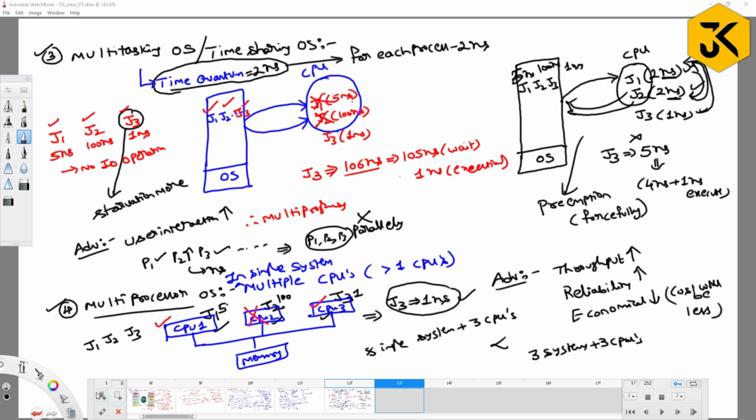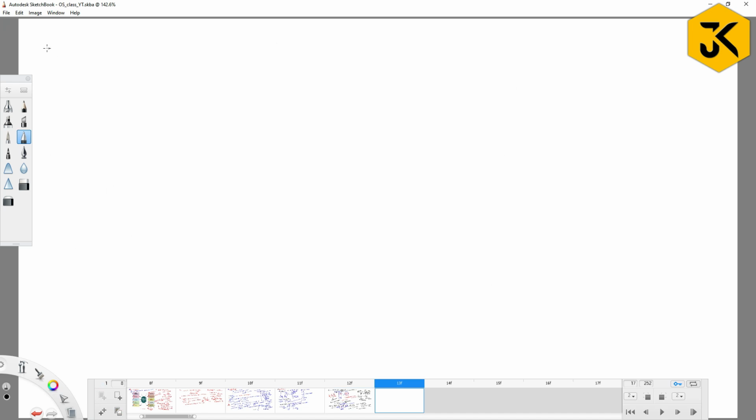Next kind of operating system is the real-time operating system. Guys, real-time operating systems are a kind of system which is strictly time bound, which means whatever tasks we have given, all the tasks should be completed within the exact time.